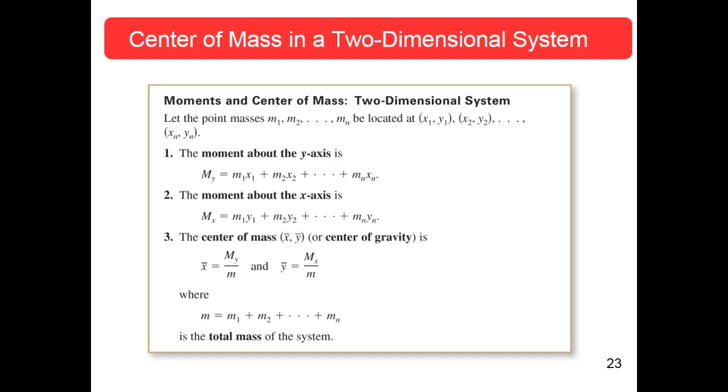So, the moment about the y-axis, only about the y-axis, okay? That's the mass times the distance from the y-axis. What's the distance from the y-axis?